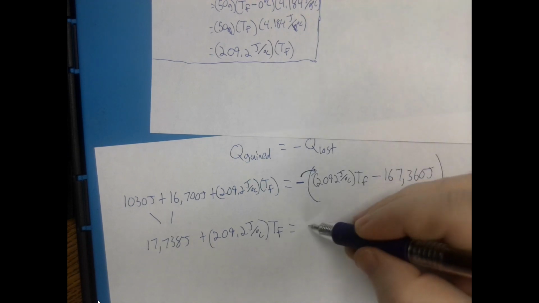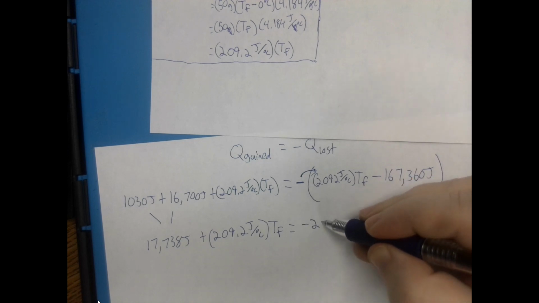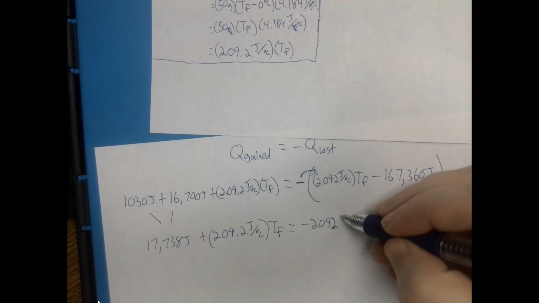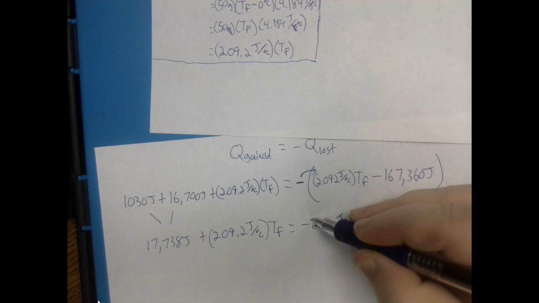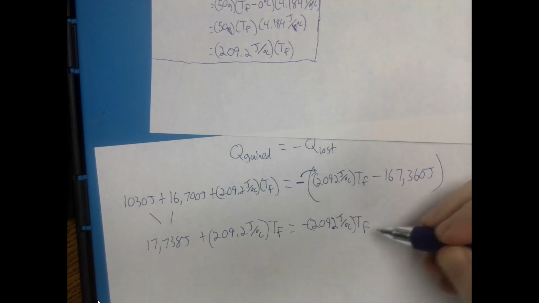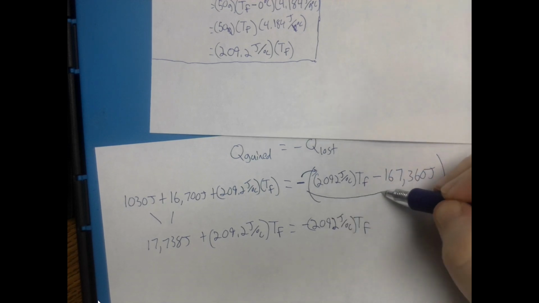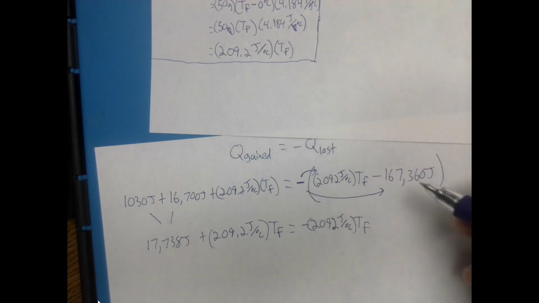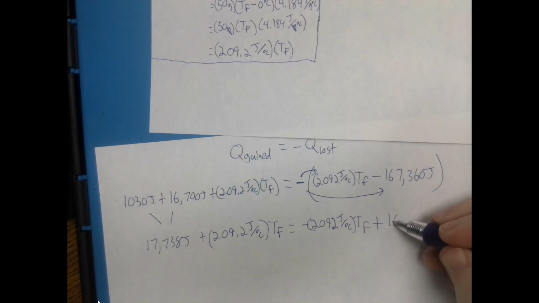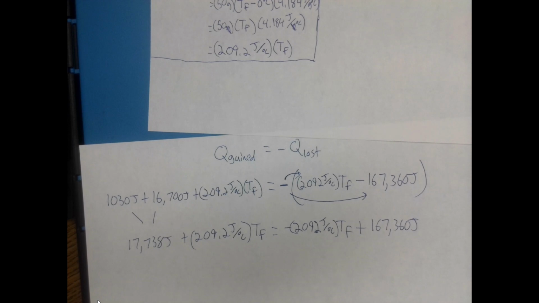Negative 1 times this, which is negative 2,092 joules per degree Celsius times TF. And we distribute this minus over here. A minus and a minus becomes a plus. All right.